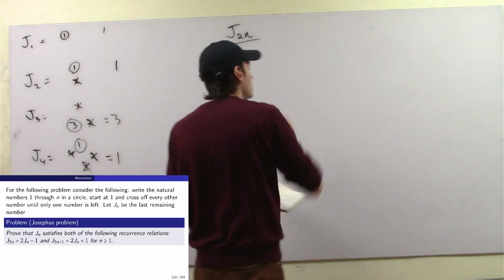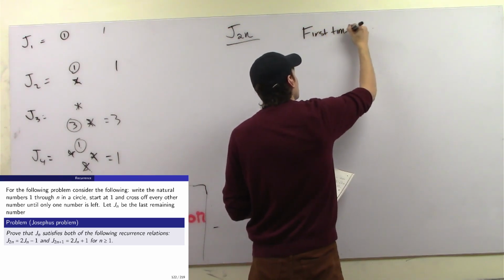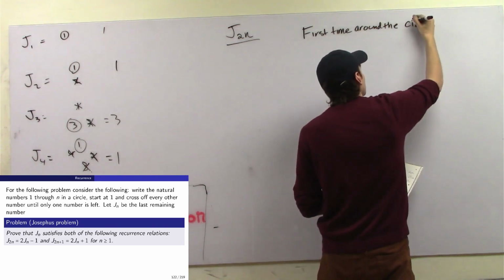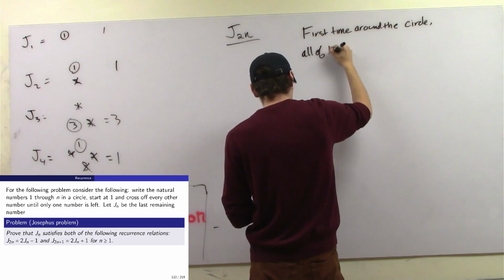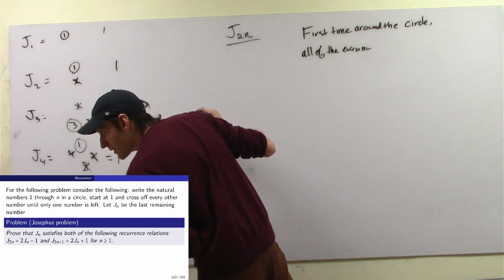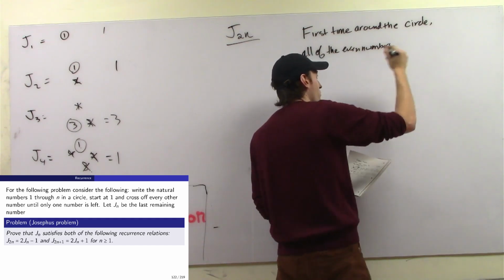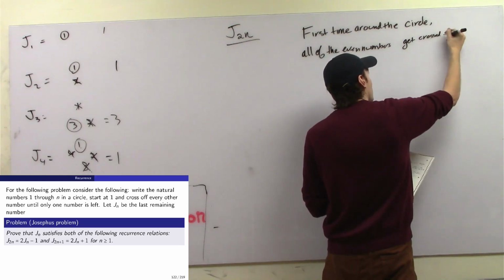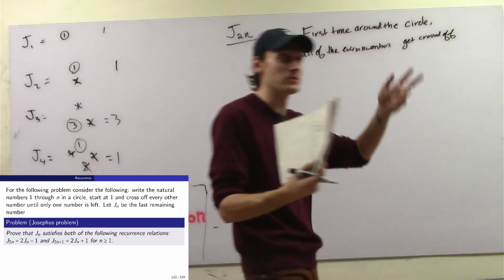So the first time around the circle, all of the even numbers get crossed off, right? 2 gets crossed off, then 4, then 6, then 8, all the way up to 2n.